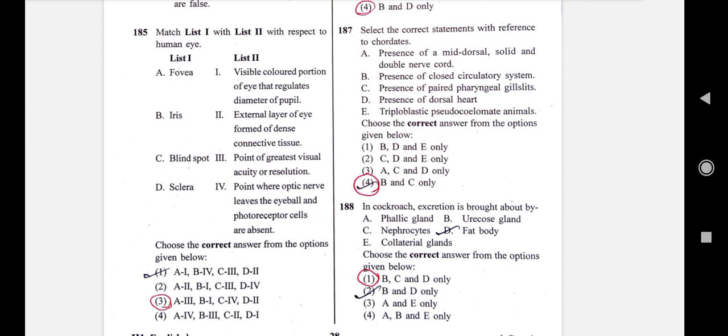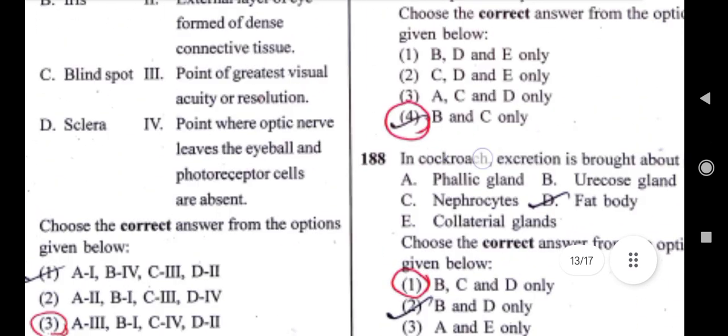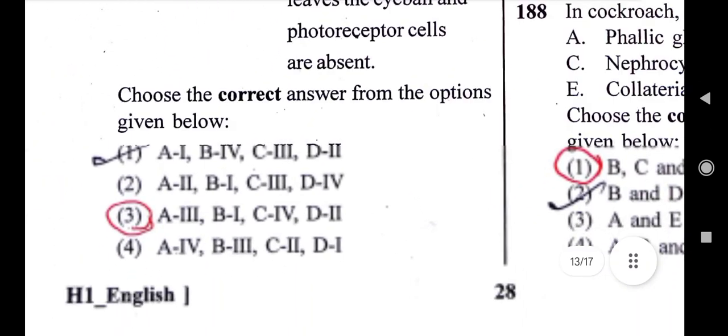B matches with 1, iris, visible colored portion of the eye that regulates the diameter of the pupil. C, blind spot, matches with 4, point where the optic nerve leaves the eyeball and photoreceptor cells are absent. D matches with 2, sclera, external layer of the eye formed of dense connective tissue. So option 3 is the correct answer here.